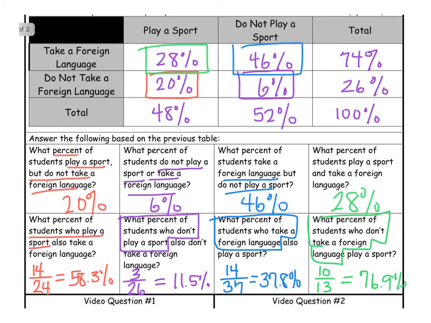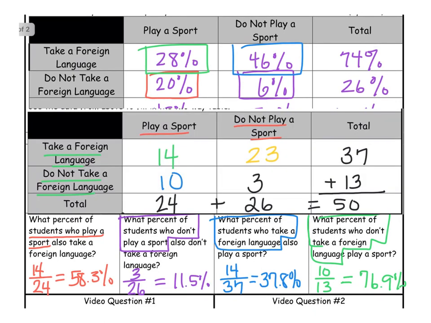So let's take a look real quick at that two-way frequency table from before. Okay, so going back over these questions down here, if we're looking at the percent of students who don't play a sport, those who don't play a sport are 26. The number of students who play a sport are 24, so it's asking the percent of this number for this first question.